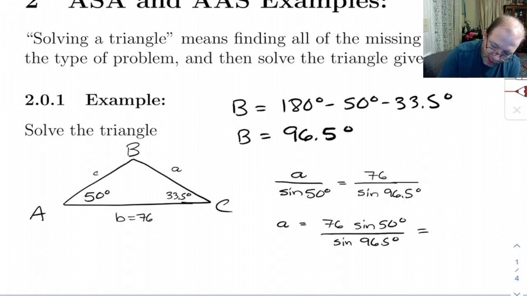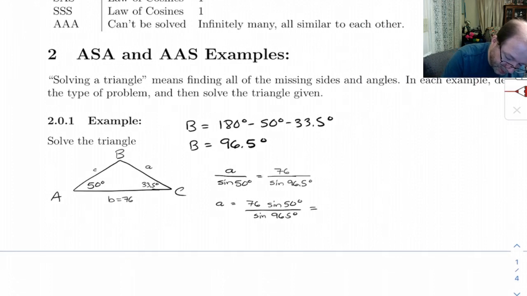And I'm just going to use my calculator to do that. So 76 times sine 50, divided by sine 96.5, gives me a number here, which is 58.59. I'm going to round that to 58.6.